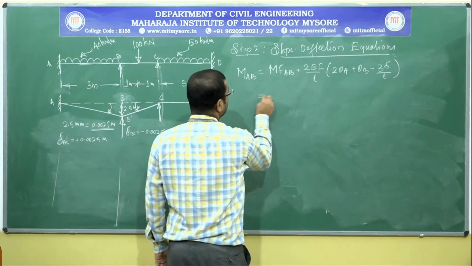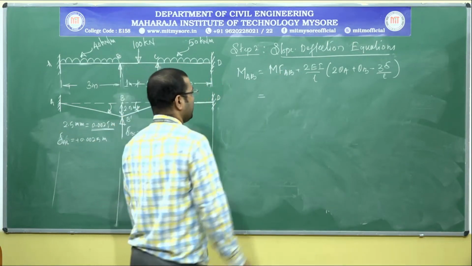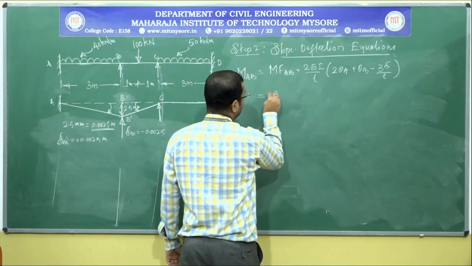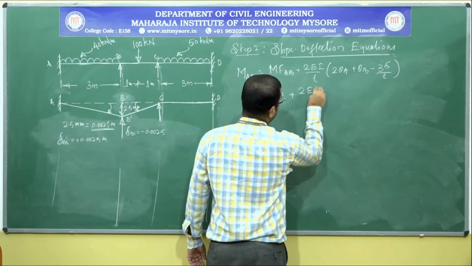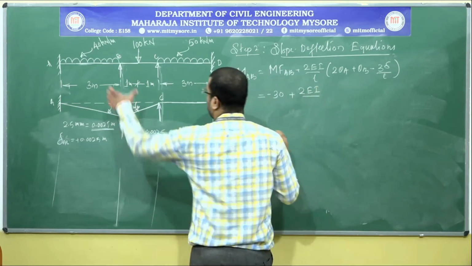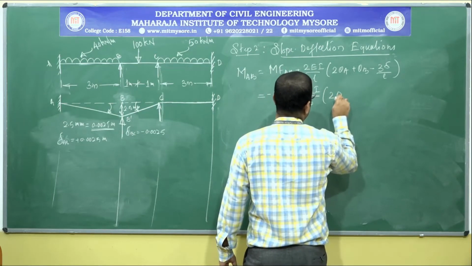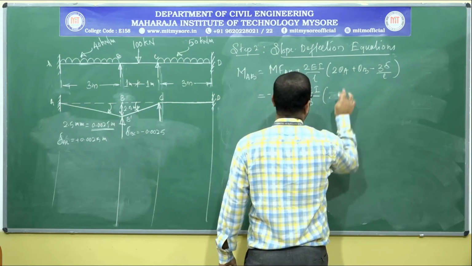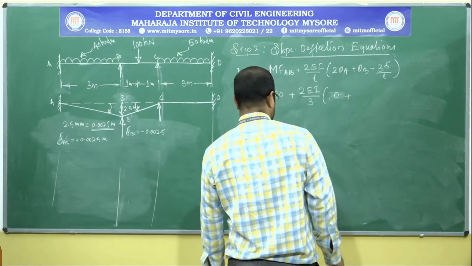Now, here as per our step 1 calculation, MFAB is minus 30 kilonewton meter plus 2 EI by L, for the span AB L is 3, into 2 theta A. So, here the theta A value is 0 as it is a fixed support.